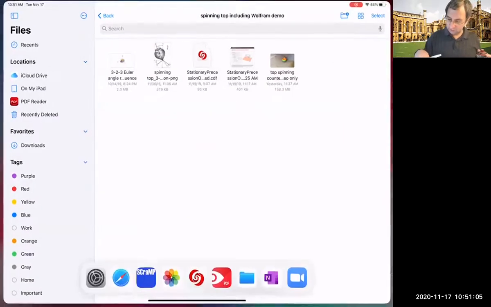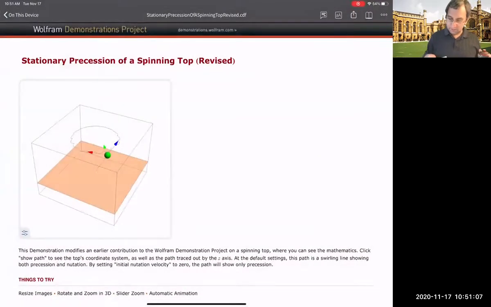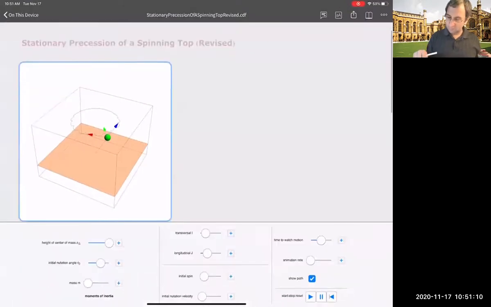But we can also, let's see. This is a Wolfram demonstration project that shows the spinning of a top. And you can even plot the path. So this is showing the blue arrow is the B3 axis, and you can see how it's moving around.